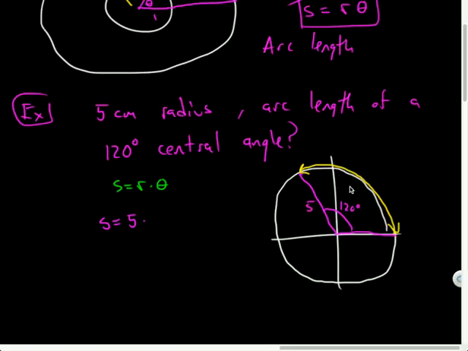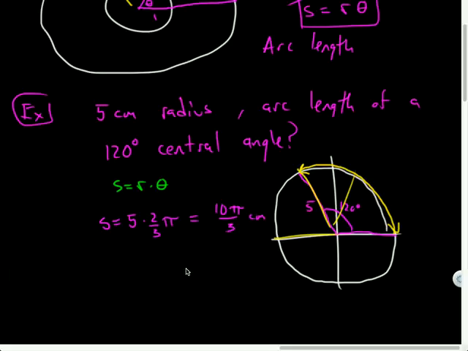Well, let's see, 120 degrees is 2/3 of 180. So it's got to be 2/3 of a pi, or 2/3 pi radians. So I'd end up with 10 pi over 3 is the arc length in centimeters.